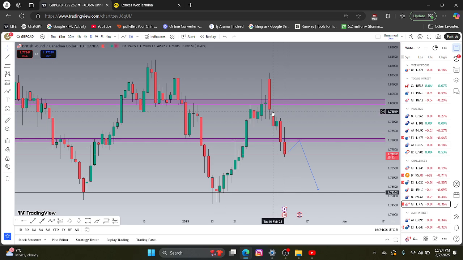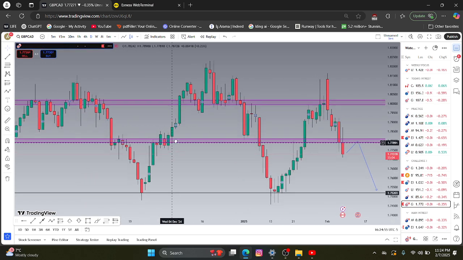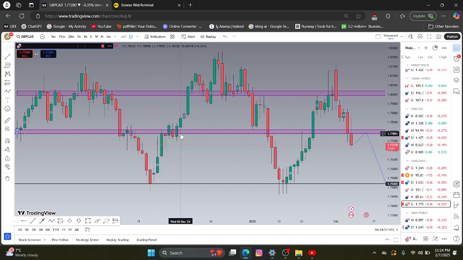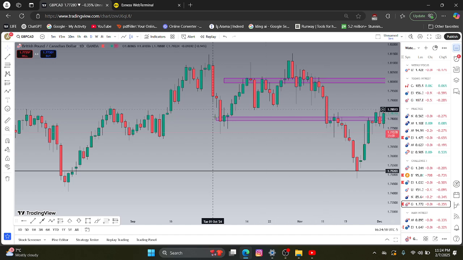So let me show you. You can see the market is in a downtrend again. It was in an uptrend and it now broke below this demand zone here. It has broken below, and this was also a nice level of resistance. This level, yeah, all of this, guys.